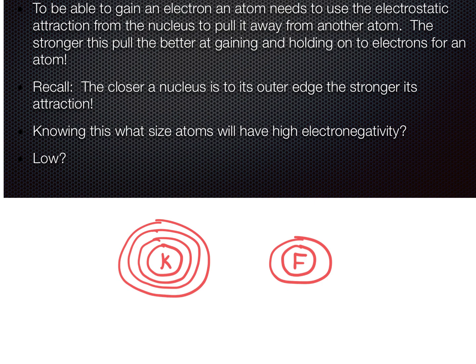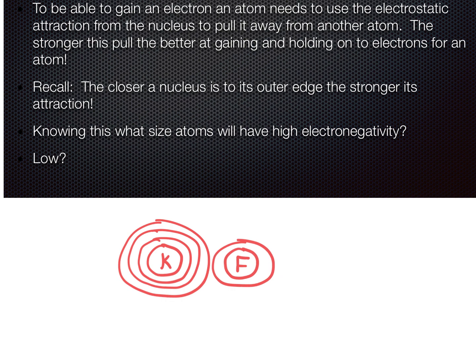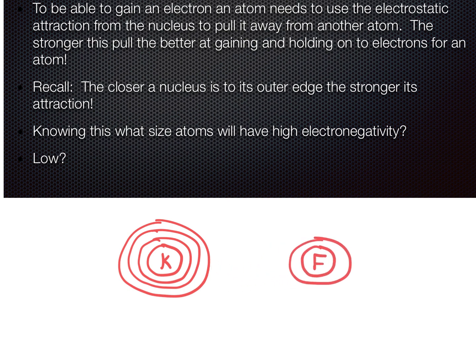So fluorine bumps into potassium, and because its nucleus is so close to the outer edge, it can get in extra close and grab an electron off the outermost ring, or the outermost energy level, of potassium. And then it grabs it and pulls away, removing that electron with the fluorine.